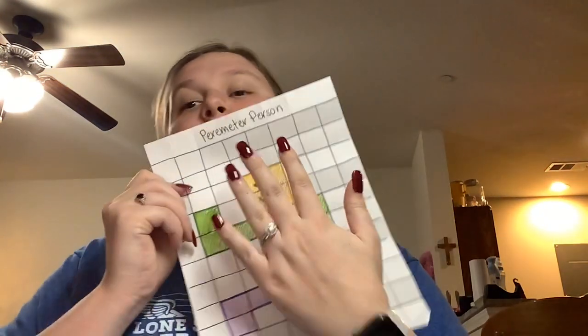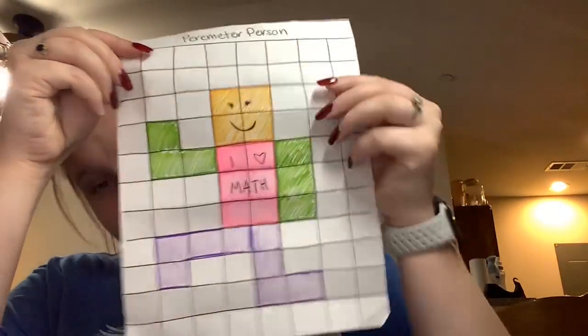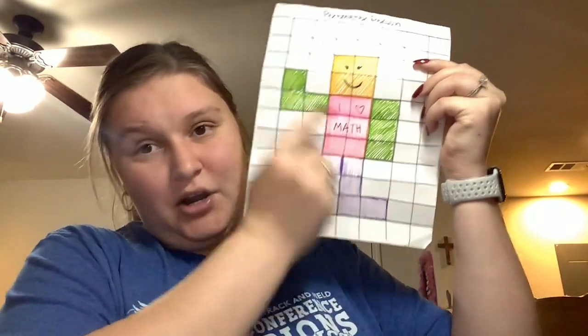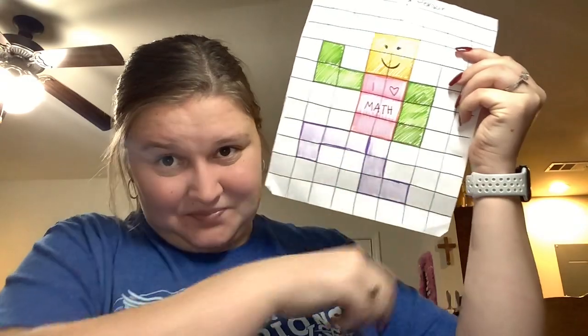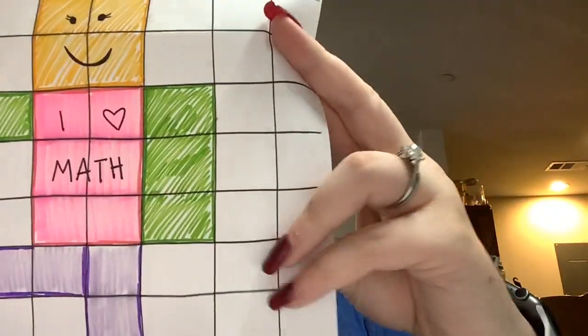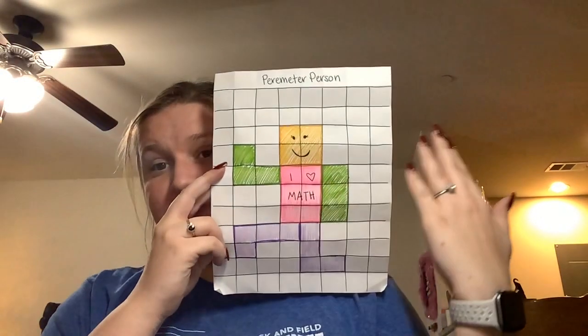All right. Y'all have learned how to use the formula that we have created. So I'm going to hand everybody a graph sheet. It says perimeter person at the top. Mine is already done, but it's going to have a graph, and you're going to draw a person inside these boxes. So my head is inside the boxes, so is my arm, my 2 legs. For today, we are just going to draw this person.